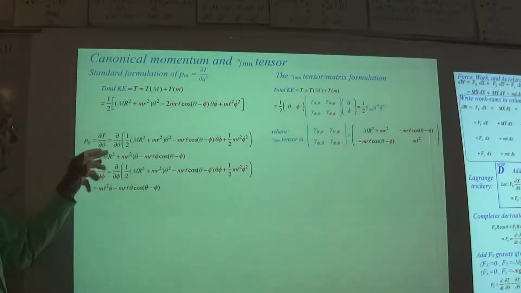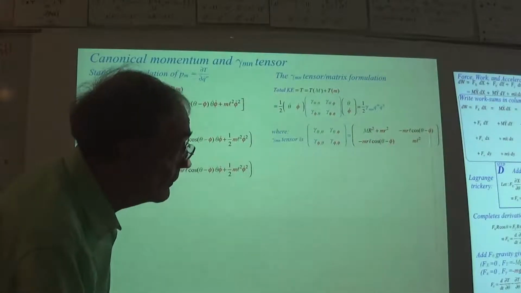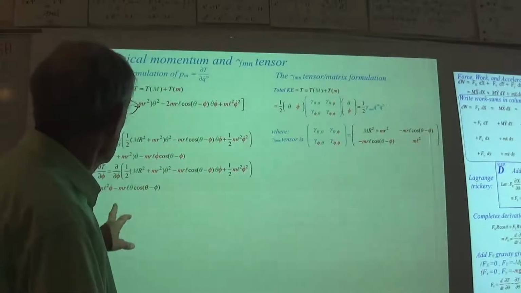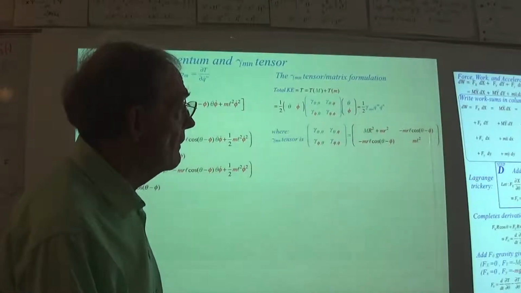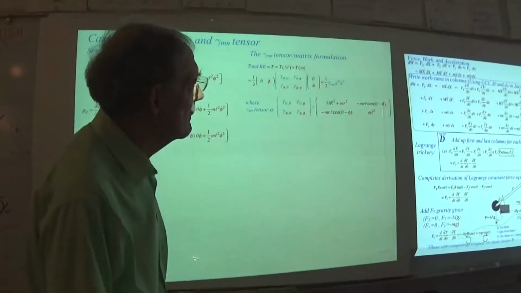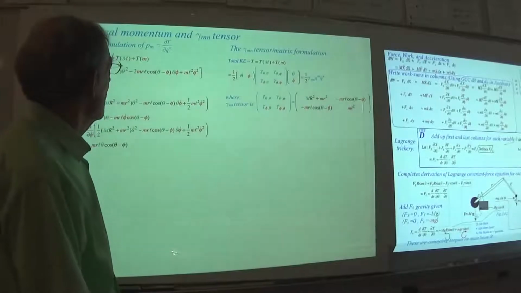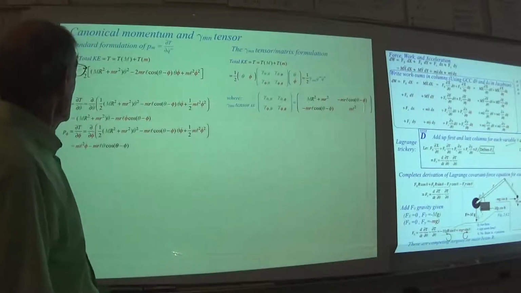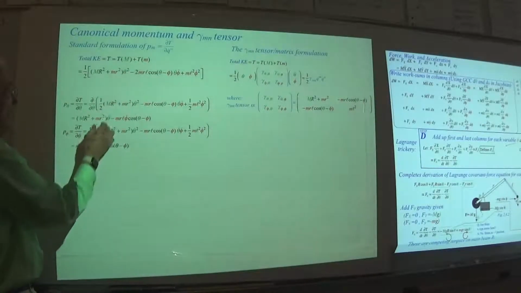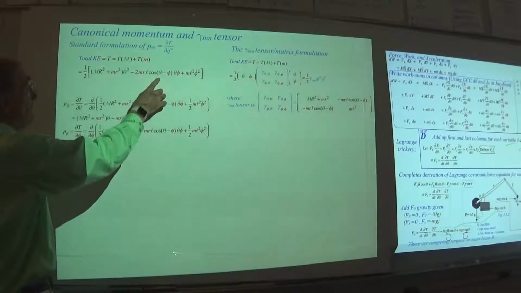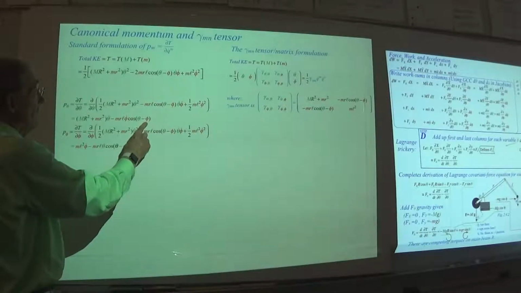Here are the equations that we've just written for this. The partial derivative of this thing with respect to theta dot is giving you a term here, and then also one here, so we get a cosine difference right there.